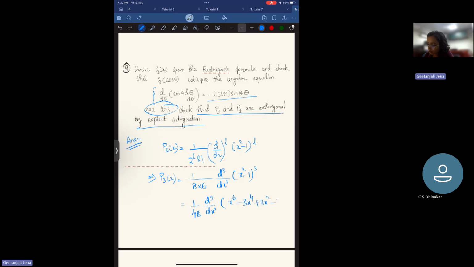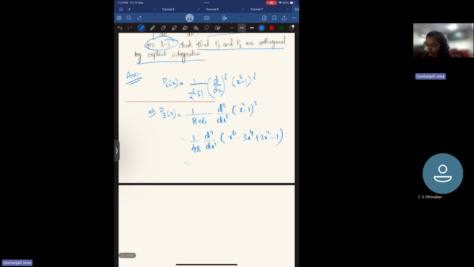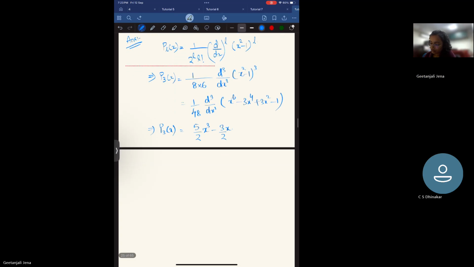This is easy to find out. If you do the derivative, this will give (5/2)x³ - (3/2)x. That means P3(cos θ) will be half cos θ (5cos²θ - 3).